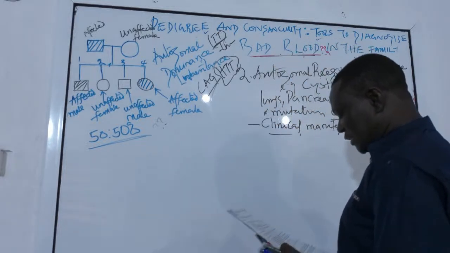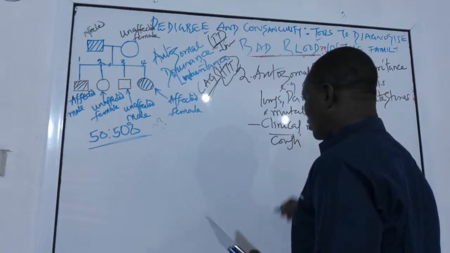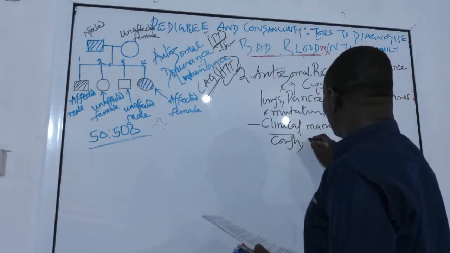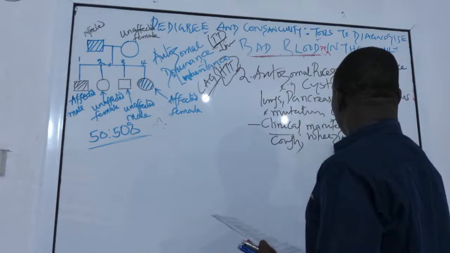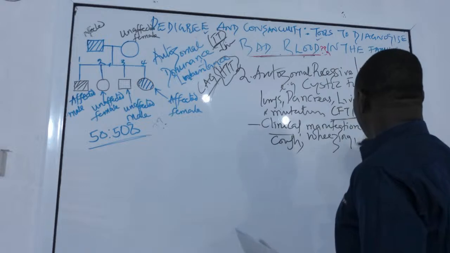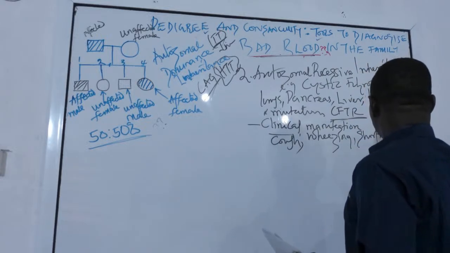The first thing is that the person will begin to cough uncontrollably. There's going to be wheezing. The person will be sneezing at any point in time. Then there will be shortness of breath.